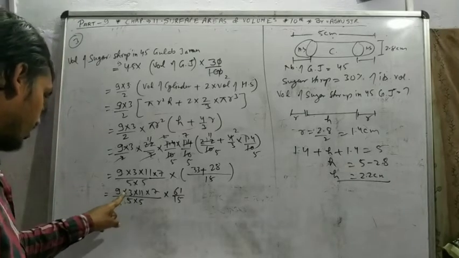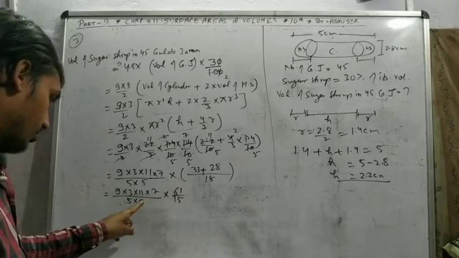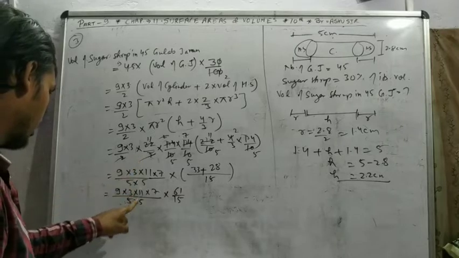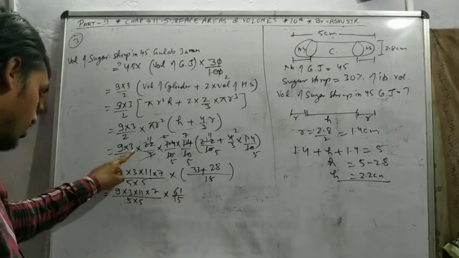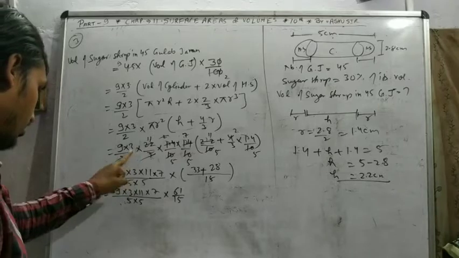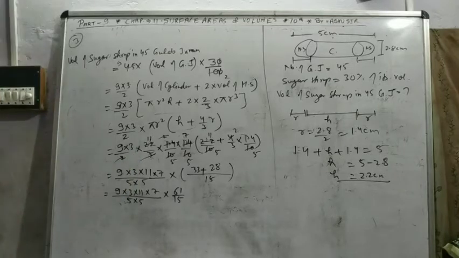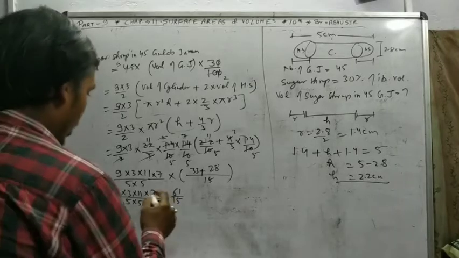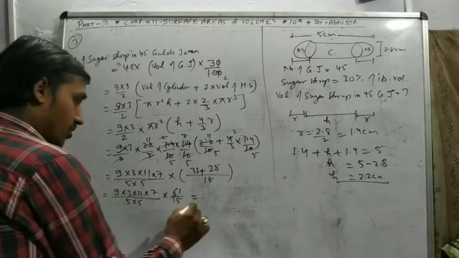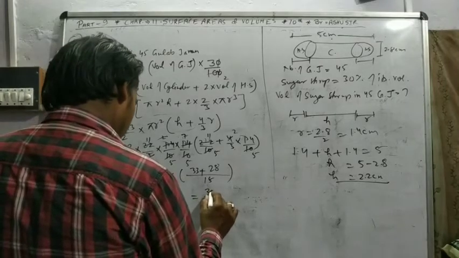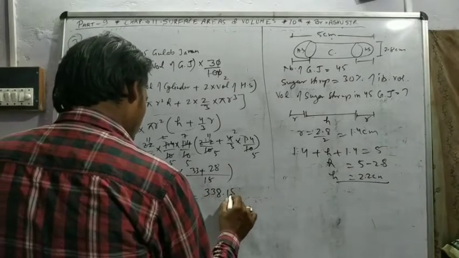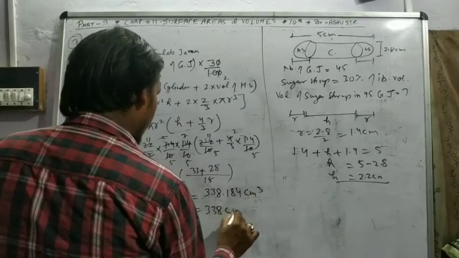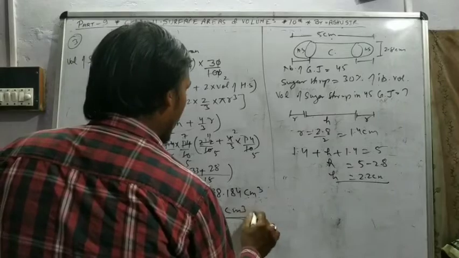And this cancels here. So we apply all the parts and divide, and we get the answer 338.184 centimeter cube, or you can say 338 centimeter cube approx.